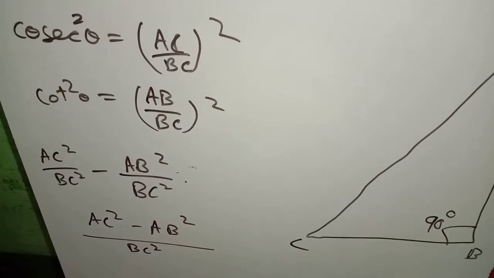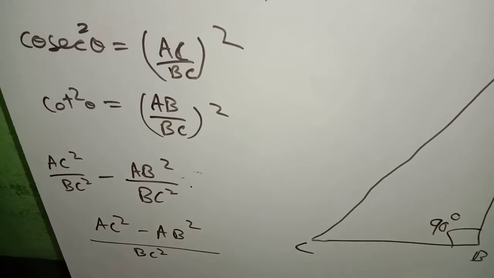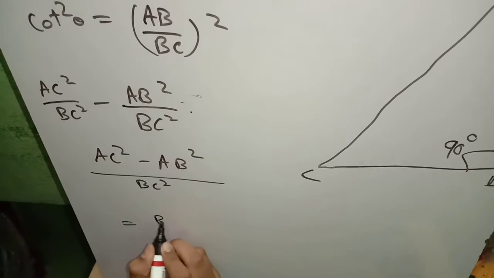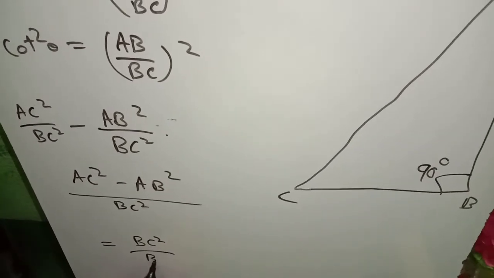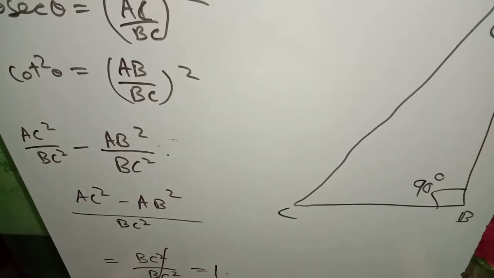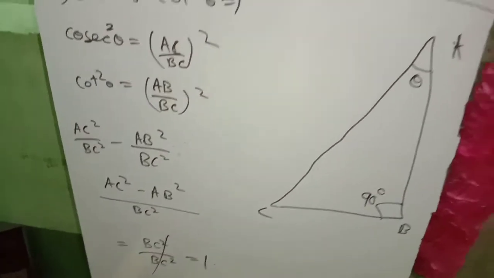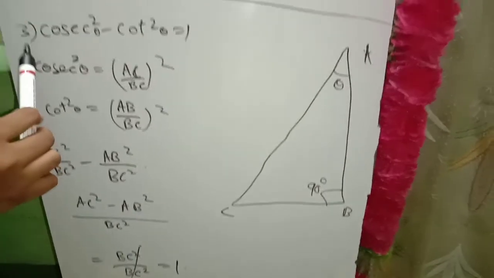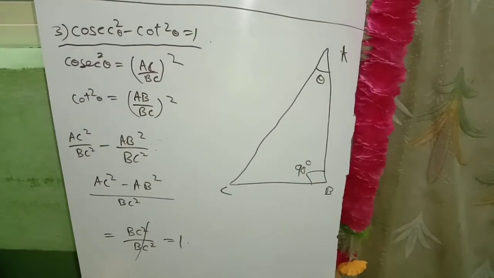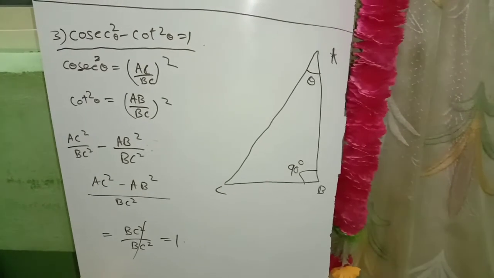According to the Pythagoras theorem, AC square minus AB square is BC square. And again BC square by BC square, so BC square cancels, and the answer is 1. So finally, the third important identity in trigonometry for this exercise is cosecant square theta minus cot square theta is equal to 1. Once take a full view.